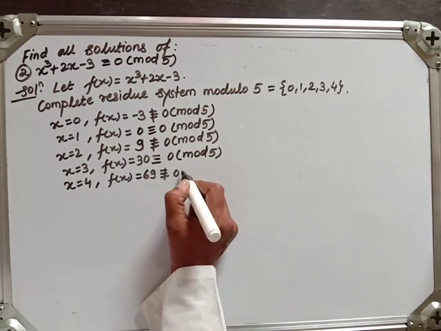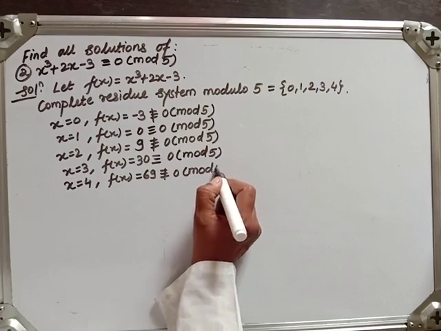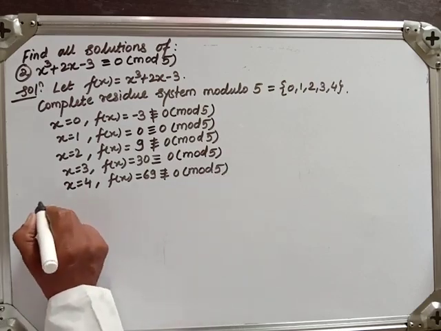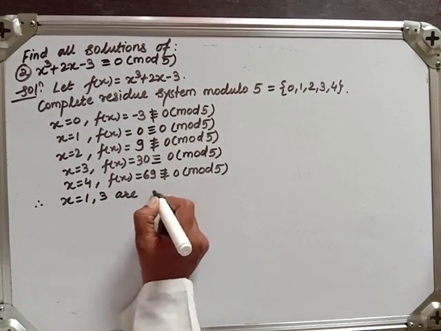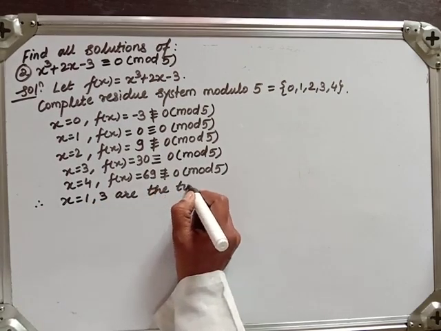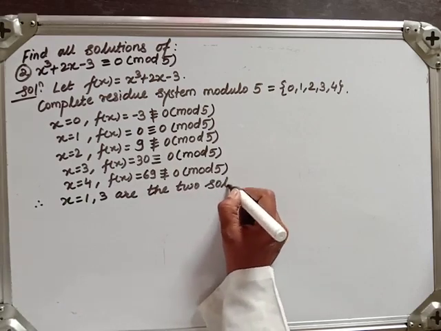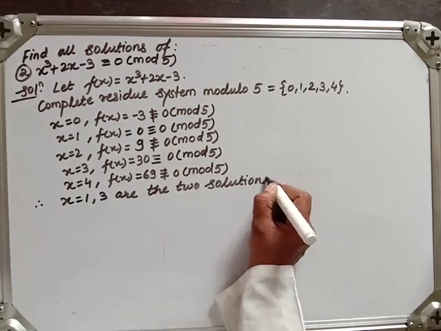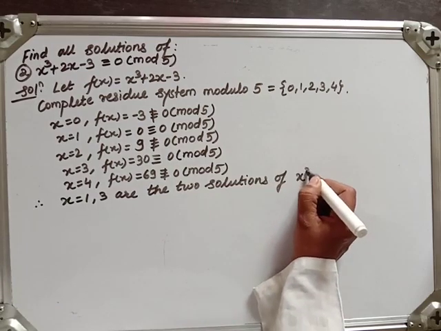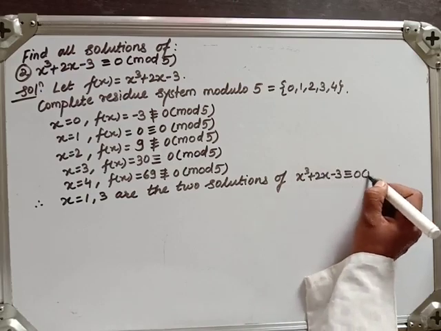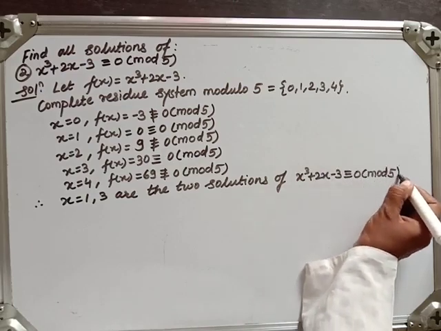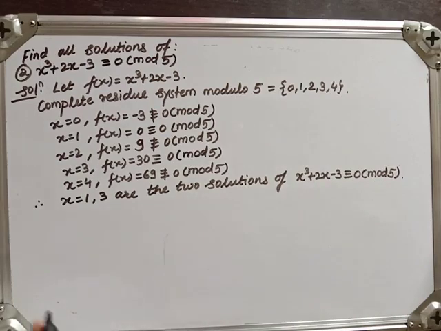It isn't congruent to 0 modulo 5. Therefore, x is equal to 1 and 3 are the two solutions of x cube plus 2x minus 3 congruent to 0 modulo 5. Okay, now here onwards other examples we will take in the next video. Thank you.